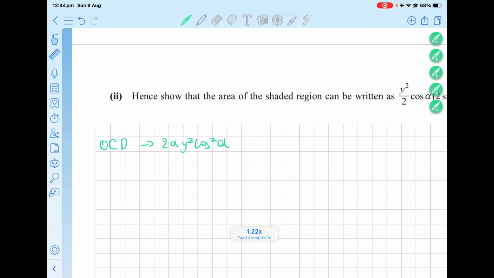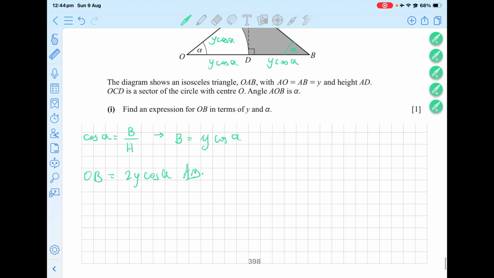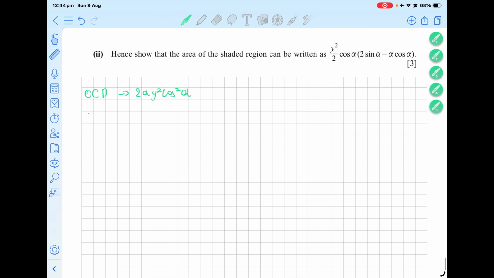But what about the area of the triangle? For the area of the triangle, you're going to do half into y into 2y cos alpha. This cancels out into sine alpha.